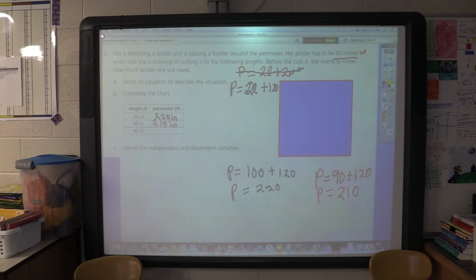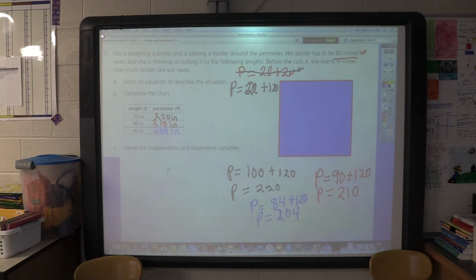And then I'm going to do one more. My next one, here I have 42 inches. Now, boys and girls, what's 2 times 42 inches? 84. So perimeter equals 84 plus 120. And 84 plus 120 is what, children? 204, and our unit measure is inches.